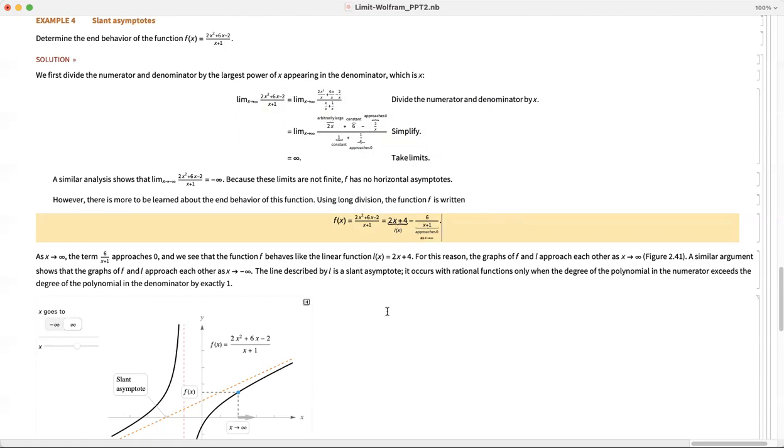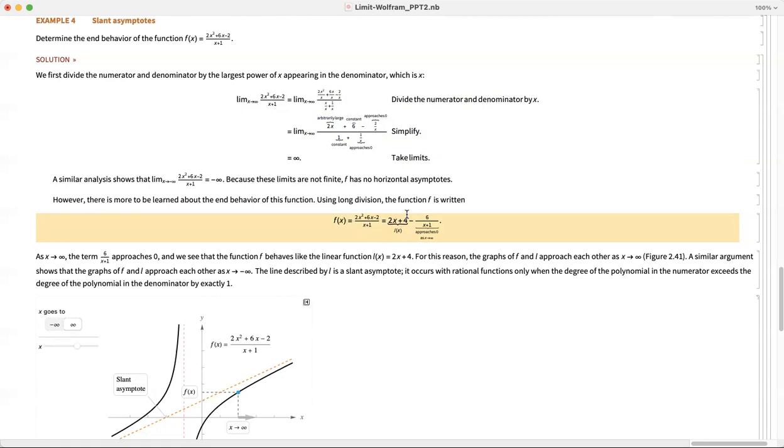As x approaches infinity, the behavior of f of x will be similar to the behavior of 2x plus 4, because f of x approaches 2x plus 4 as x approaches infinity. Yes, 2x plus 4 goes to infinity, definitely.